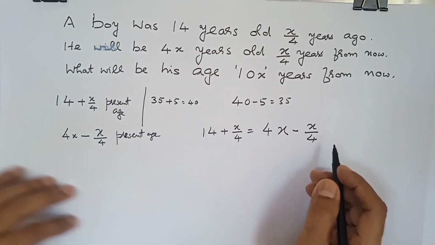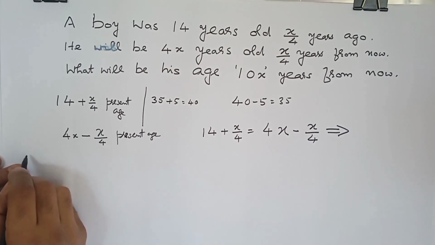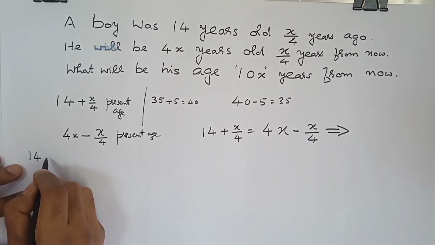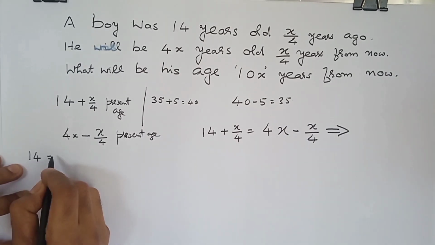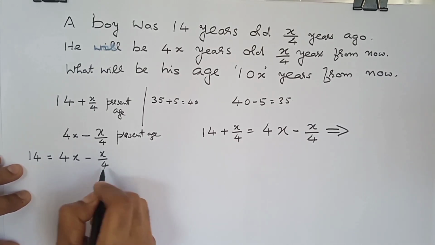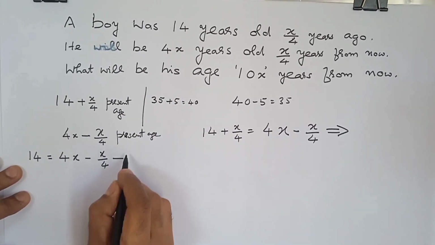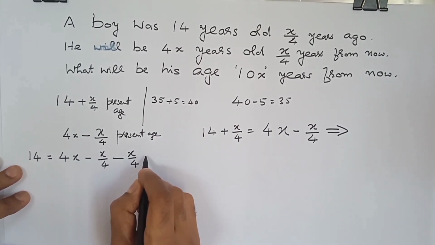For that, you take the variables to one side. On the right side, 4x is already there, x by 4 is there, and there is one x by 4 here. You take it to the right side, and it becomes x by 4.